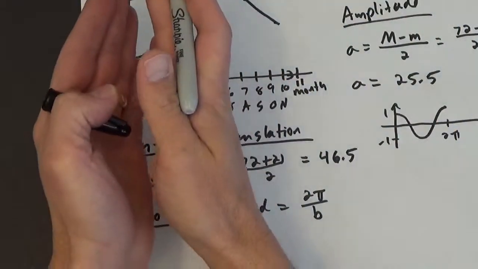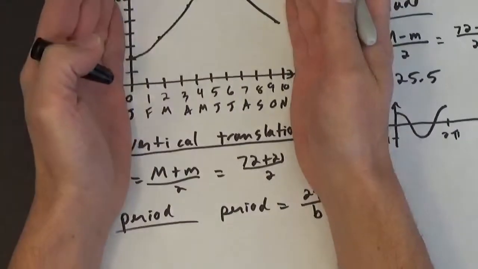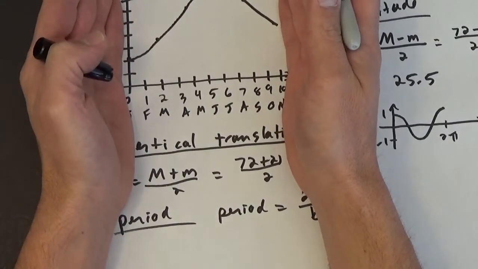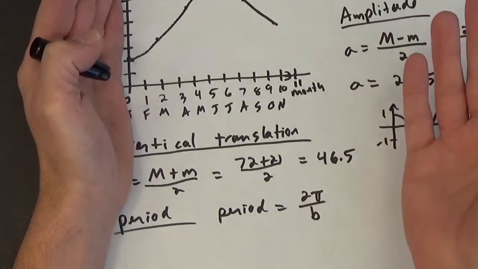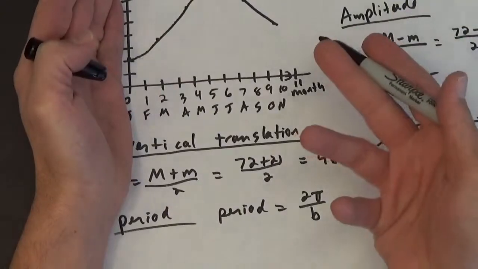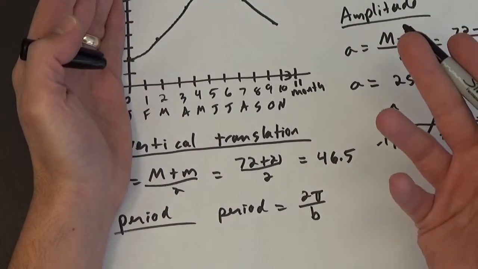And so we have to think about how we're going to change that 2 pi to get a period that matches this. Now sometimes you can use logic. In this case, it makes sense that because we're talking about a calendar year, our period would have to be 12. Sometimes we have to do a calculation.